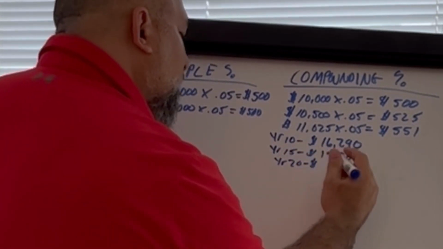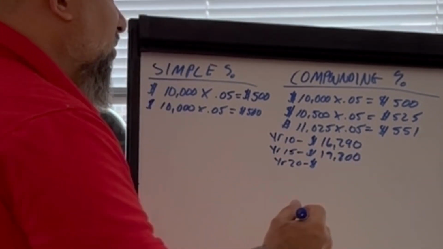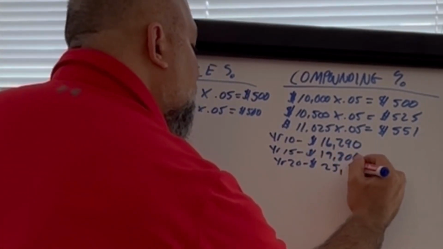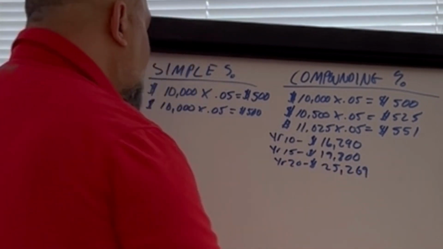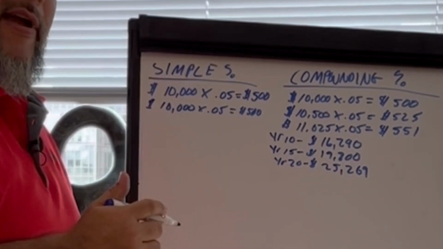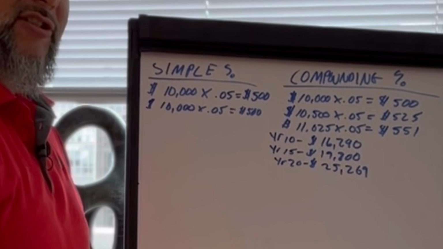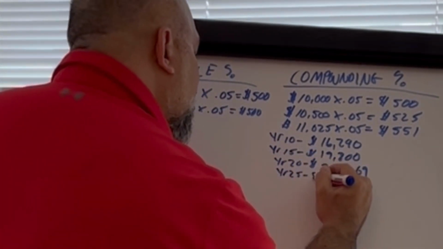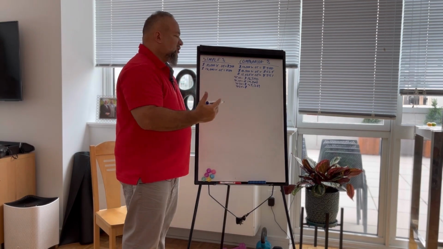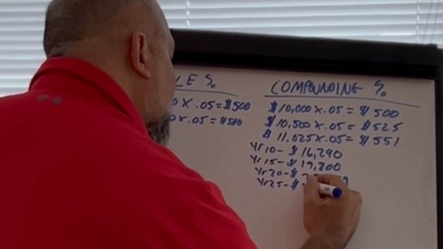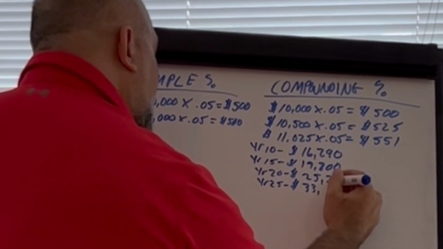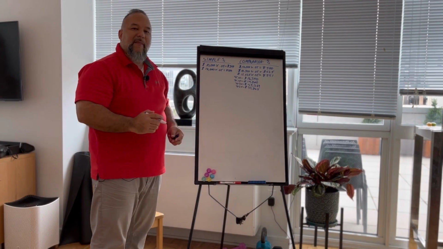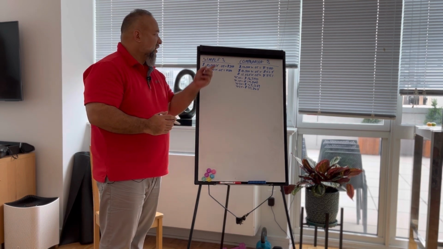Year 20, you're going to actually have 2.5 times your original sum at $25,269. Okay? And why not? What does year 25 look like? Year 25, you're going to have more than triple your original sum of money that you put in at $33,864. Okay? So this is just the mathematical equation of compounding interest and simple interest.